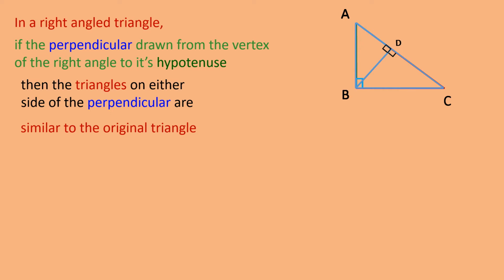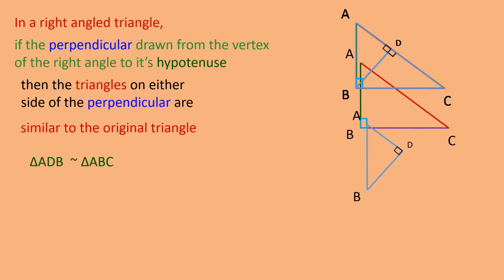Similar to the original triangle, meaning each smaller one will be similar to the bigger triangle. For example, triangle ADB is similar to triangle ABC. See here the picture of it.